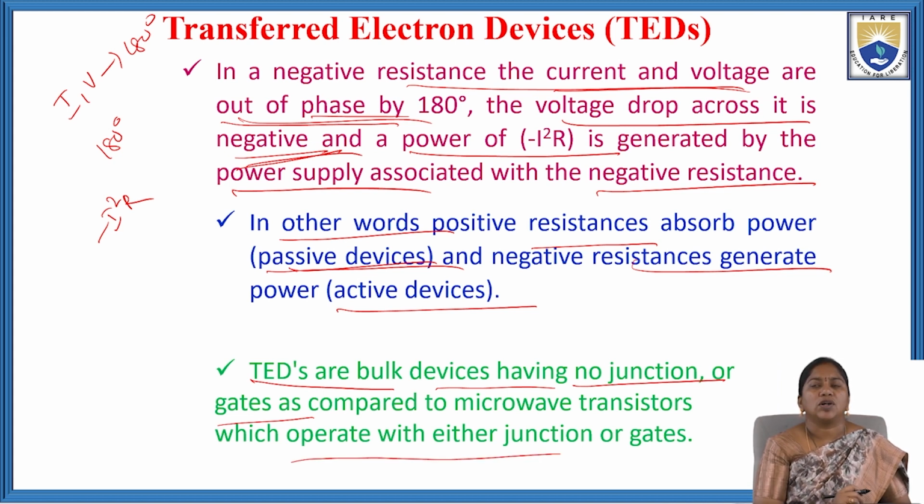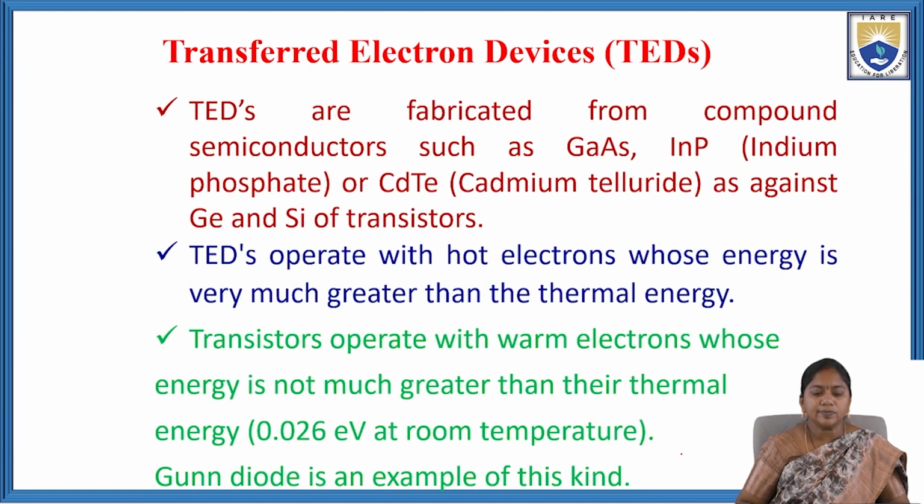Positive resistance absorbs power and is called a passive device, and negative resistance generates power and is called an active device.